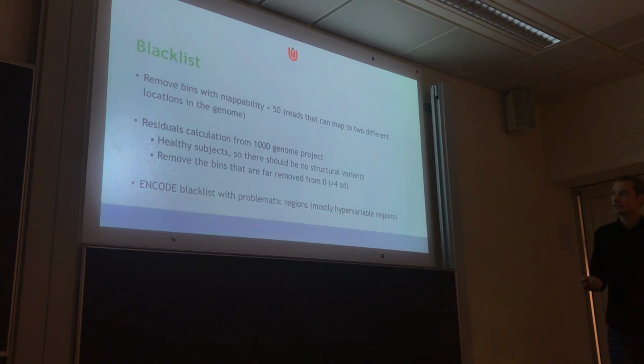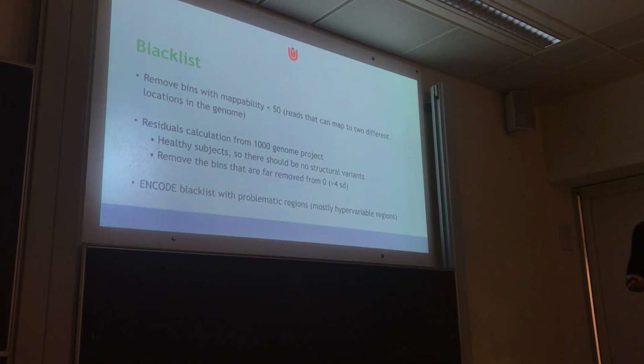And the other one is simply looking at 1,000 healthy genomes, or actually we took 38 because that's quicker to calculate, and we needed similar chemistry as we are using, and see if there are bins that are higher than you'd expect, because the healthy subjects don't have any copy number changes.